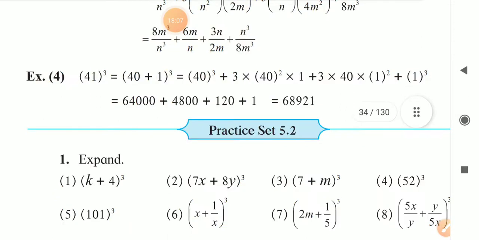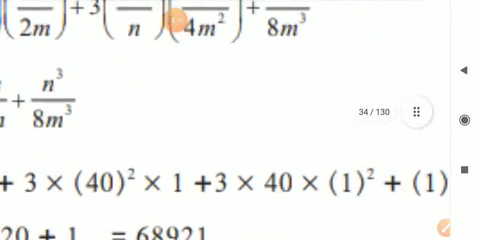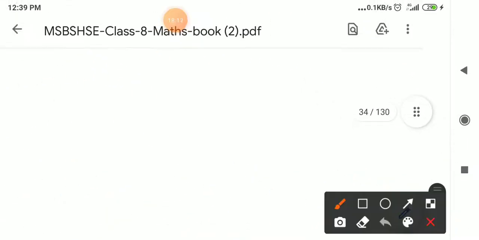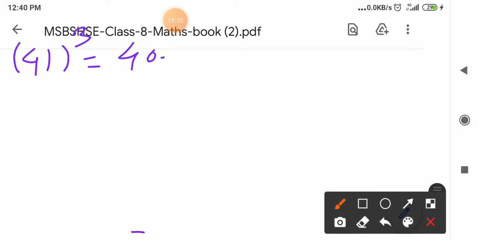Now fourth example, 41 cube. What is the meaning of 41's cube? 41's cube means 40 plus 1 brackets cube.